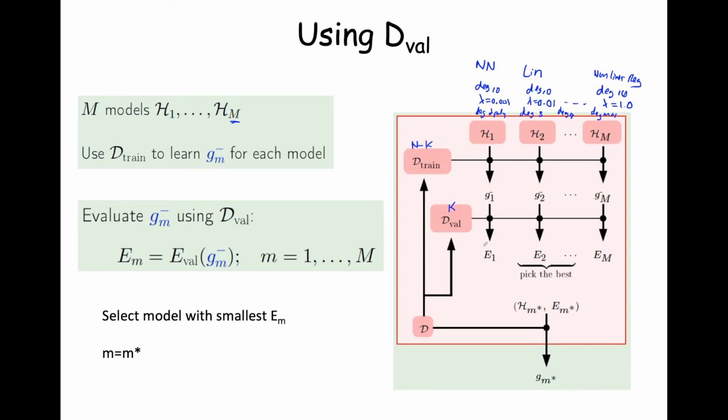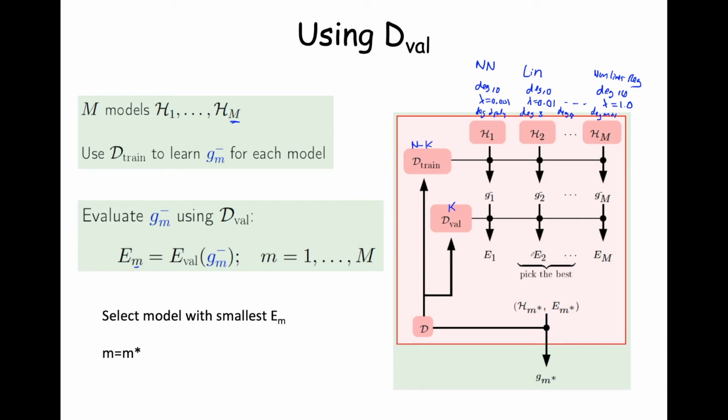So here we have E1 representing the validation error for G1 minus, E2 is the validation error for G2 minus, and so forth, up to and including E big M is the validation error for G big M minus. And so each one of these validation errors, the subscript little m, is going to index into those big M many hypotheses. And so EM is equal to the validation error on that limited final best hypothesis, the mth one, GM minus.